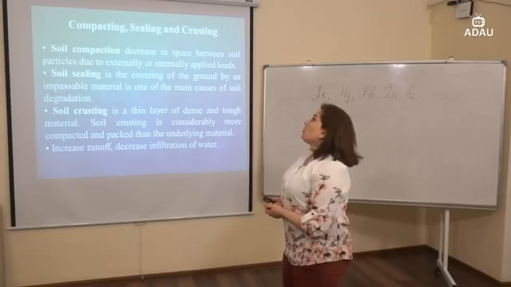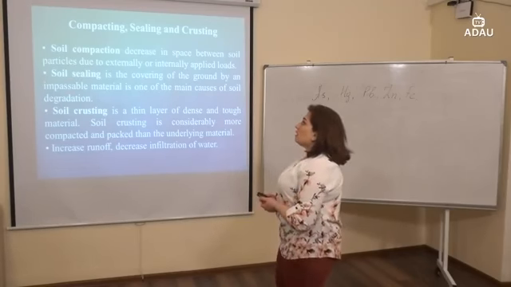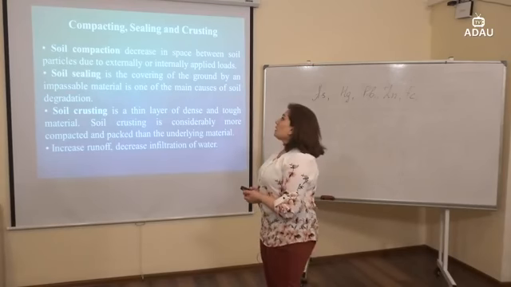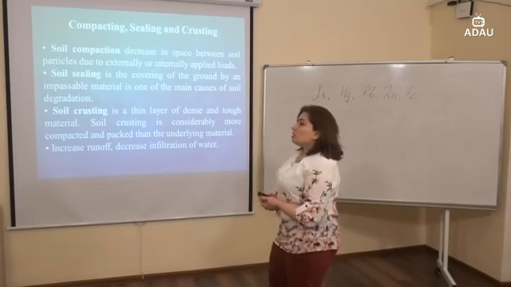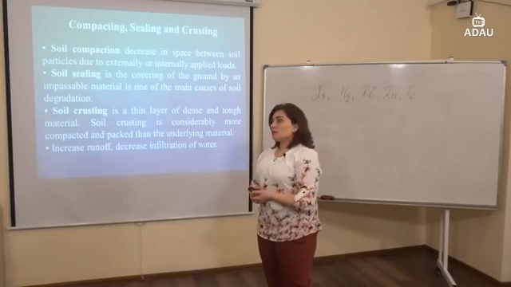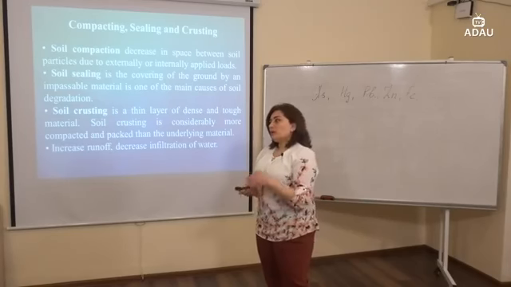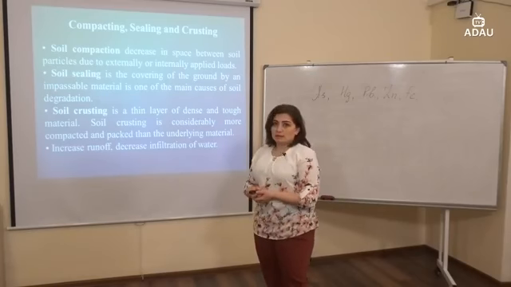One of these is compacting, sealing, and crusting. What is it? Soil compaction is the decrease in space between soil particles due to externally or internally applied loads. Soil sealing is the covering of the ground by an impermeable material and is one of the main causes of soil degradation.